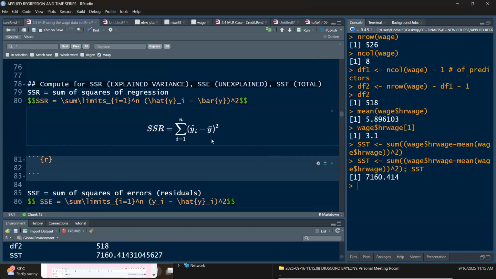This time, what we're doing is, from the base prediction, which is just the mean, let's compare it now with our predicted value, y hat. Maybe we can increase this. Let's see what will happen.